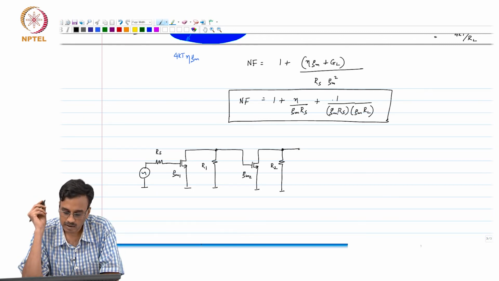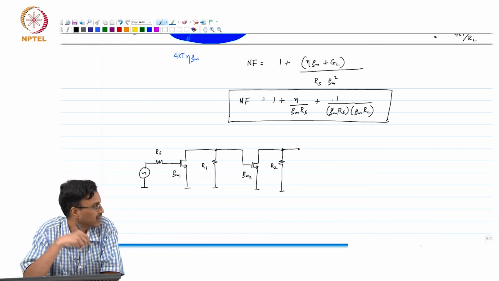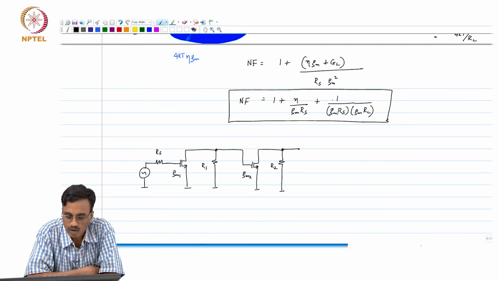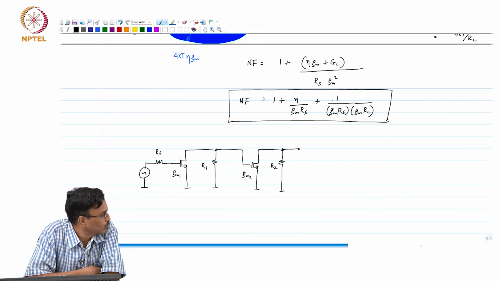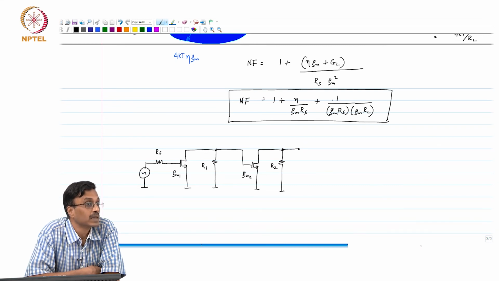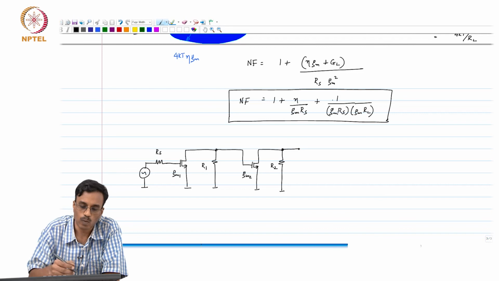And so, based on our experience so far, which of the noise sources do you think contributes the most to the noise figure? Gm1, right?